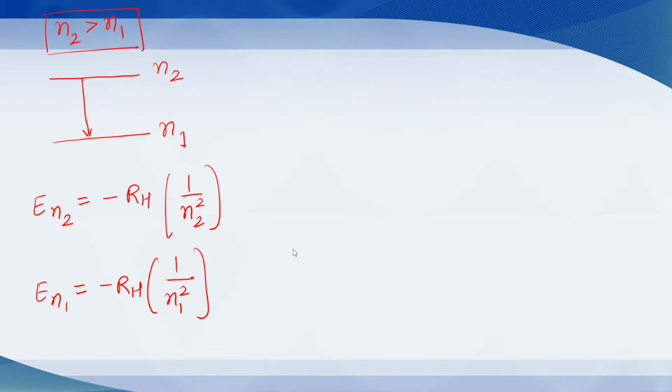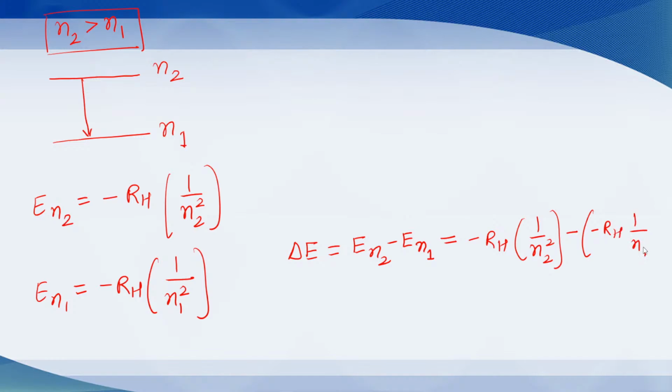So now what is delta E? Delta E equals En2 minus En1. So En2 is minus RH over n2 square minus minus RH over n1 square.